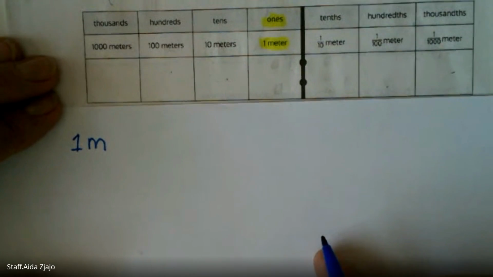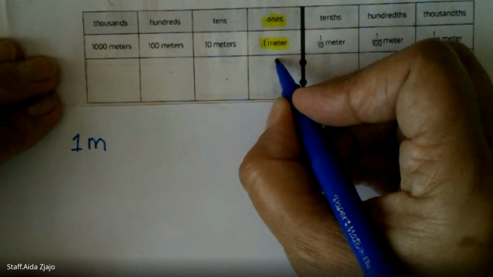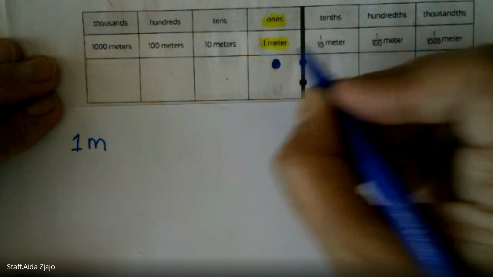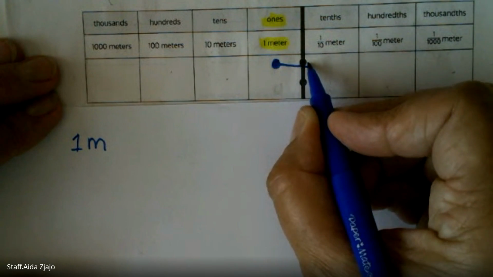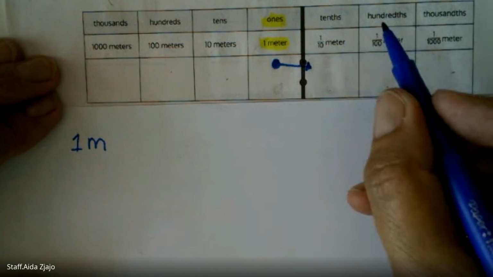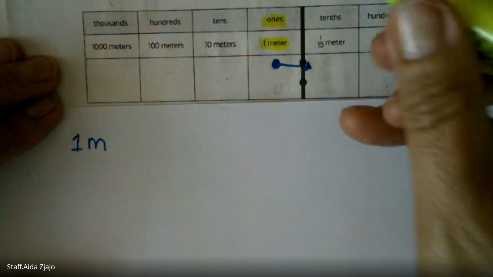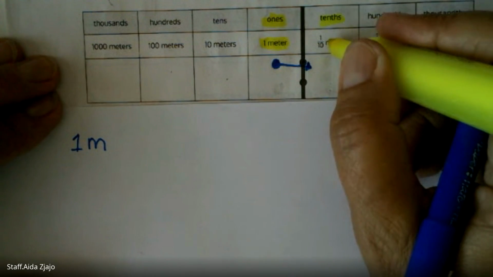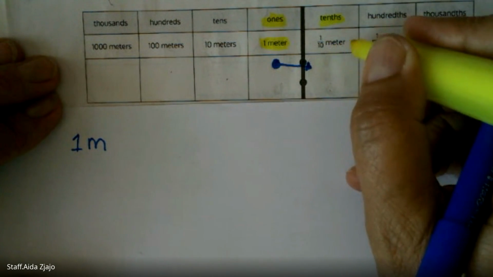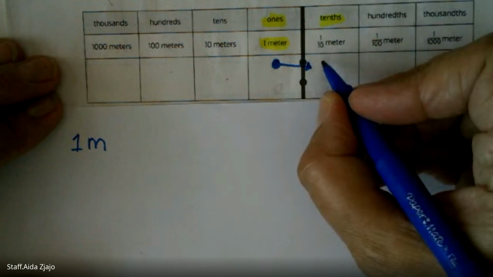Then if we go with the decimal, I have here 1 meter, and I'm going to exchange that and decompose it into tenths of a meter. So I will have a decimeter. Tenths of a meter are 1 out of 10 pieces that make this meter, and it is a decimeter.